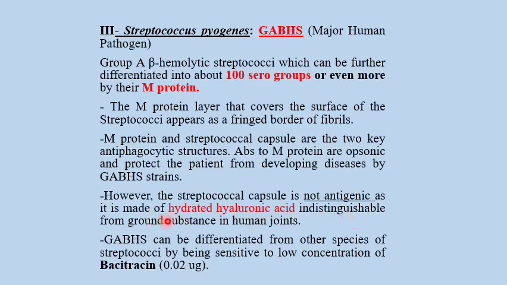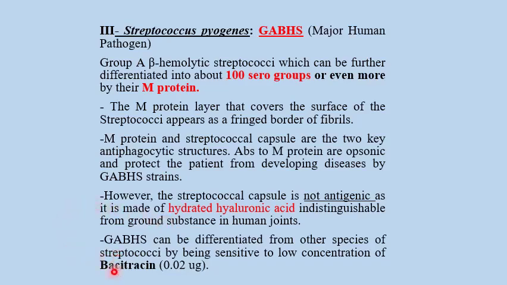The connective tissue is made of the same substance, so the body will not differentiate between it and the hyaluronic acid in its connective tissue, and therefore it is not antigenic to our body. This was one of the ways we said that bacteria hide from the immune system.